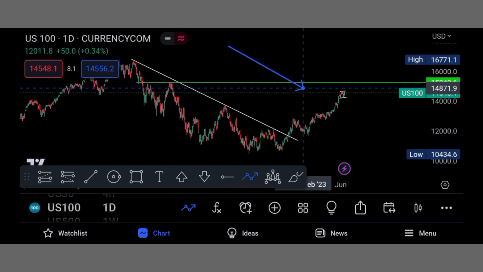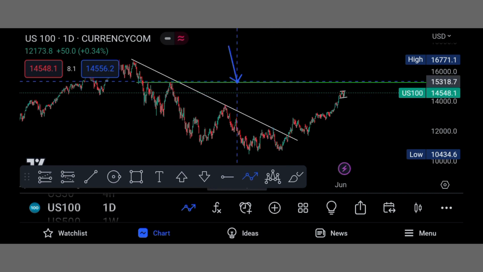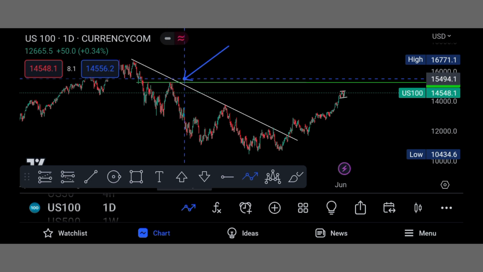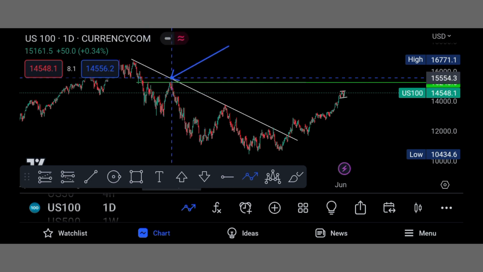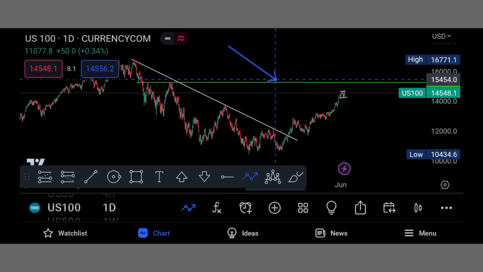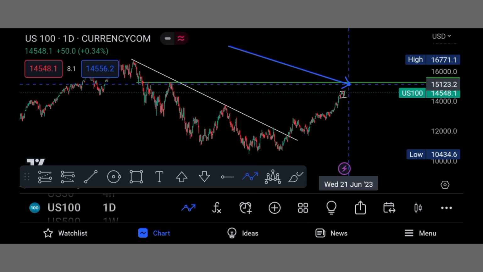So we are also looking to go to the upside with US100. But you can see that this is a very sensitive zone. It rejected right here, rejected here, rejected there also. So now if we could move up and come here and capitalize from there, it would be a very great entry and a very great trade, right?